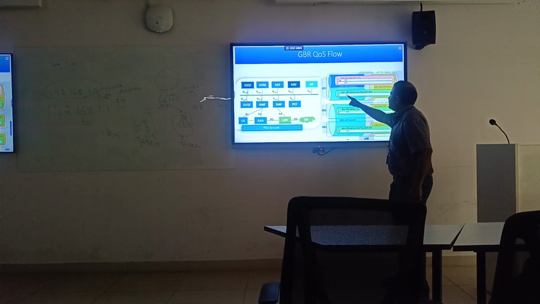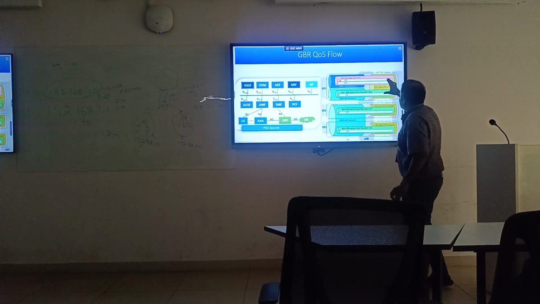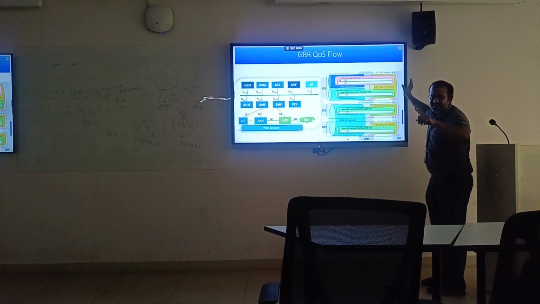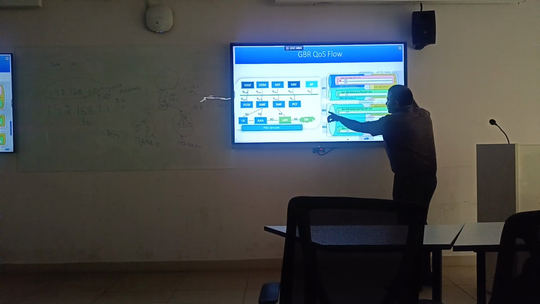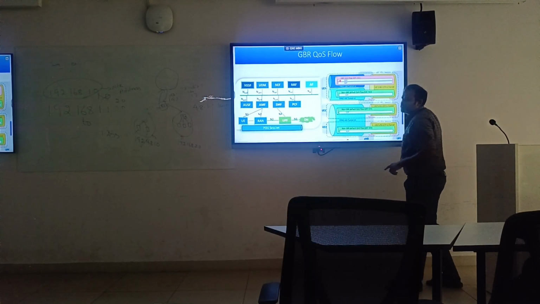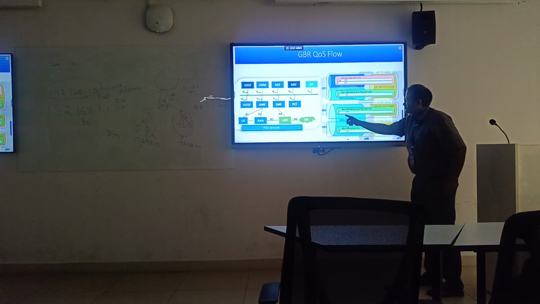And this comes under non-GBR, so I have to create another QoS flow in another data bearer. Correct? But as I said, you have only one GTP running. Okay, next. The same. If UE2 wants to use a non-GBR QoS flow, okay, so what will happen?